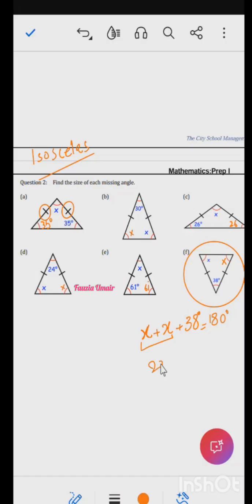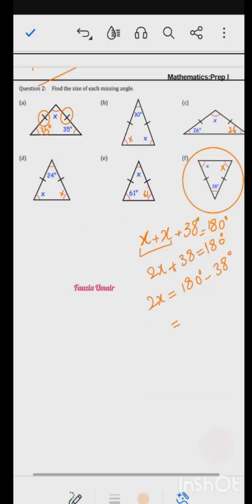This is important. X plus x is 2x plus 38 is equal to 180. Now this is the linear equations concept. 2x is equal to 180, when this plus 38 goes to the other side of the equation, it will be minus 38. So what is 180 minus 38? 142.